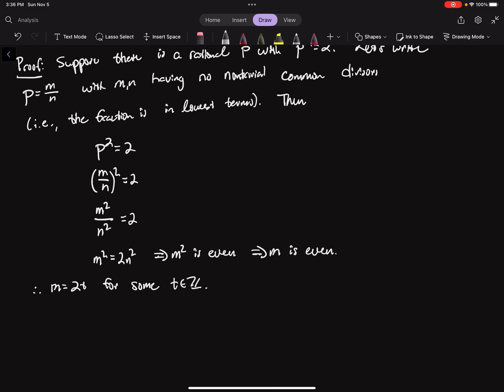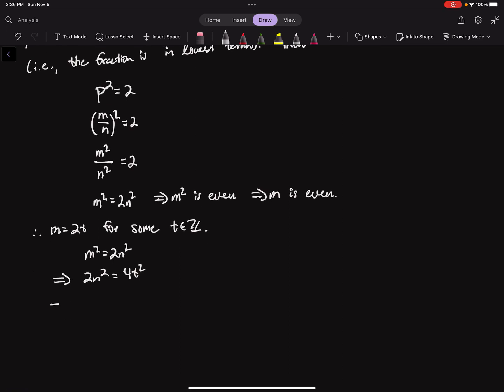Okay, and now let's go back to this above line where we had m squared equals 2n squared. Well, let's substitute m equals 2t. And then let's divide through by 2. And hold up, we can use the exact same reasoning that we used above to see that n squared is even.